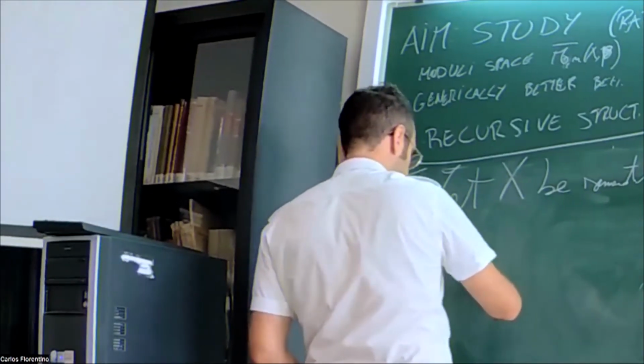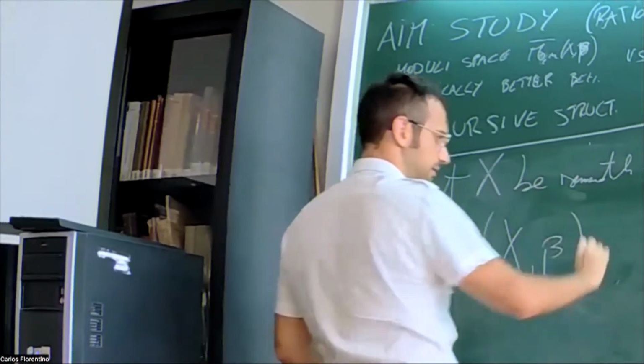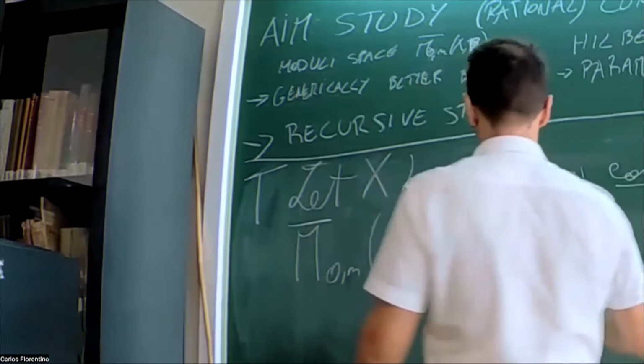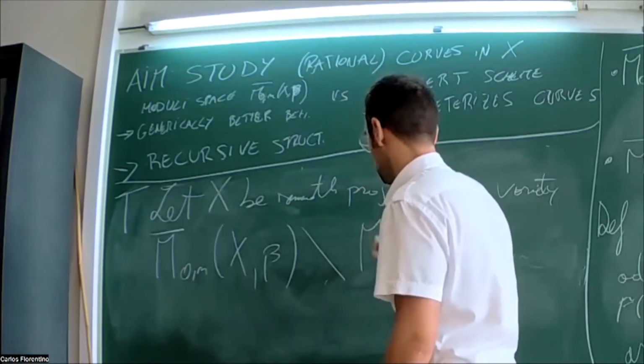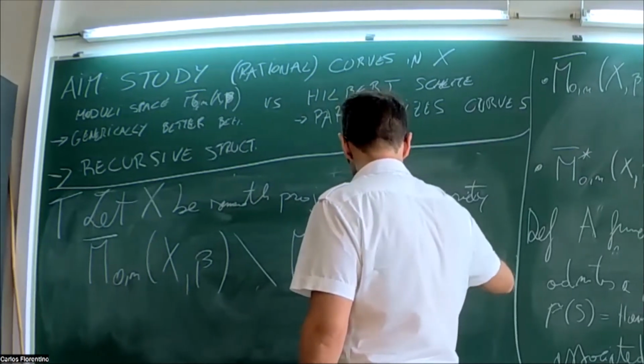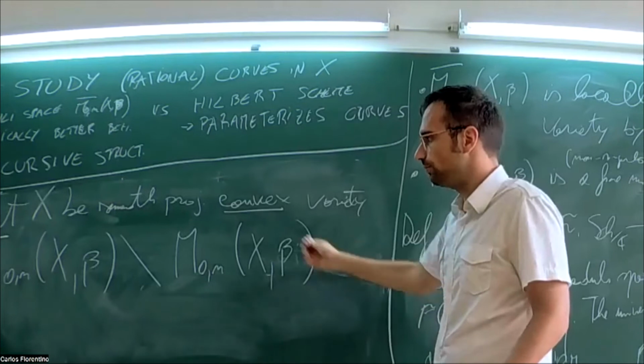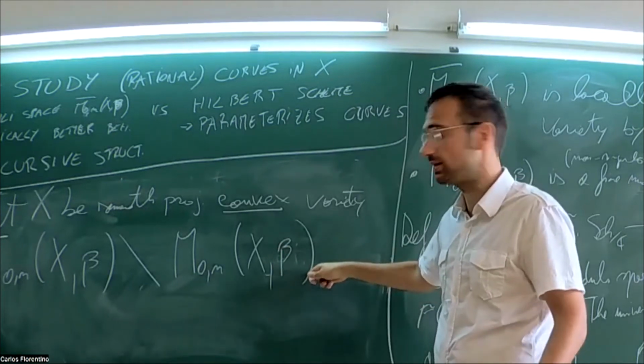M bar 0,n of X, beta, so all the space minus the open set, is closed because it's the complement of the open set.